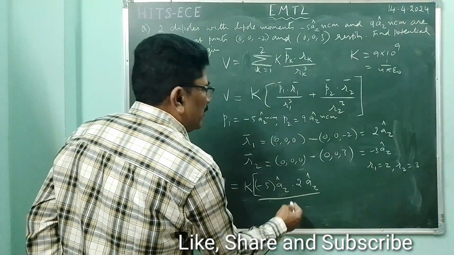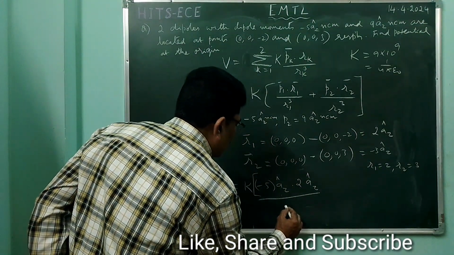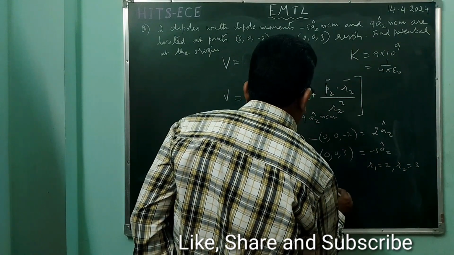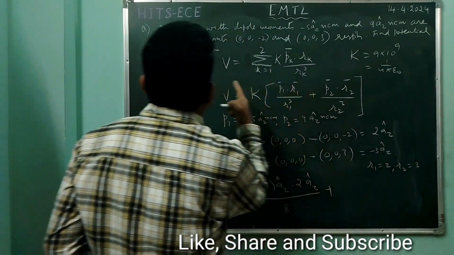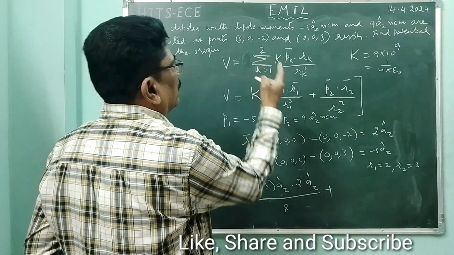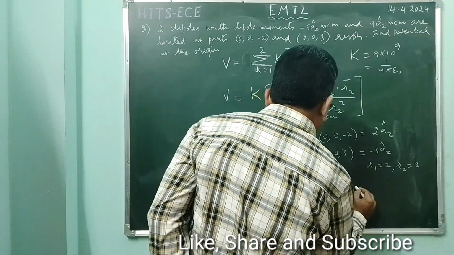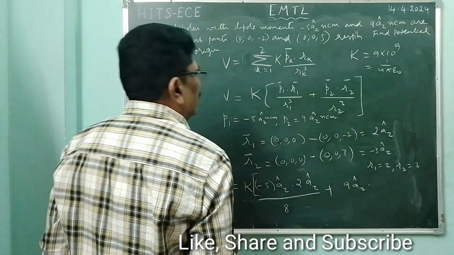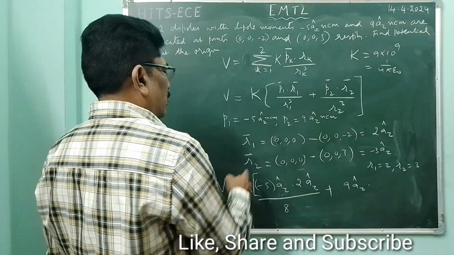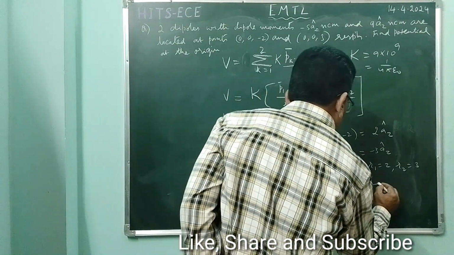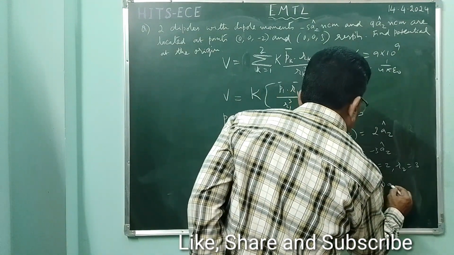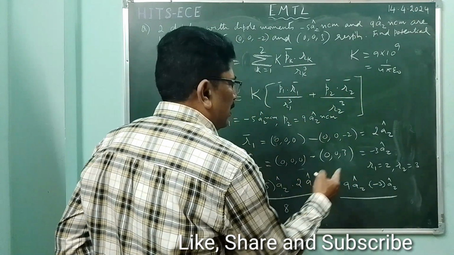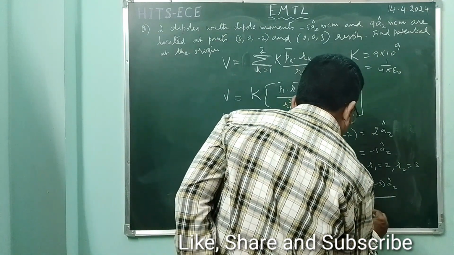So R1 cube is 2 cube, 8, plus P2, 9 az cap, dot R2, minus 3 az cap, divided by R2 cube. What is R2 cube? 3 cube, 27.